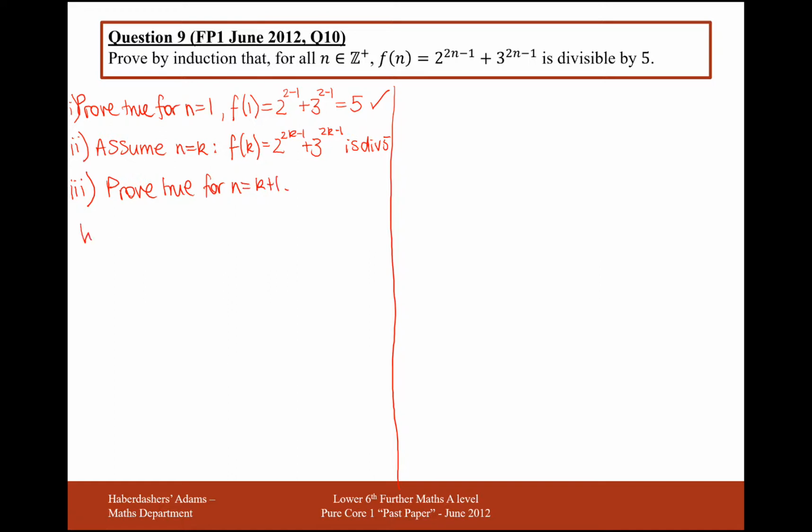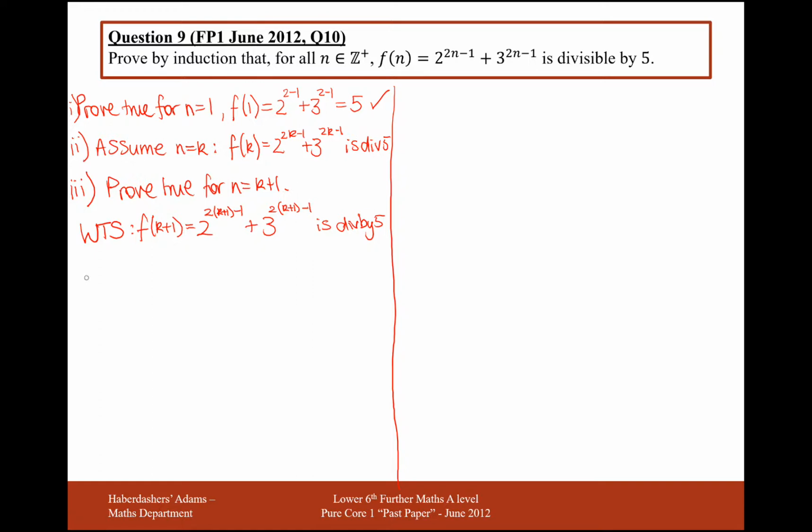What's quite helpful to me to get these proof by induction started is to write down what we want to show. What we want to show is that when we find f of k plus 1, or in other words 2 to the power of 2k plus 1 minus 1, add 3 to the power of 2k plus 1 minus 1, that this is divisible by 5.